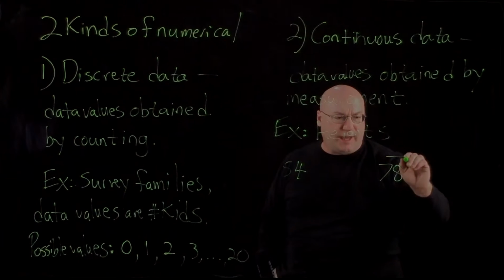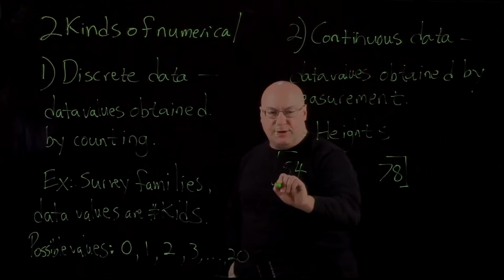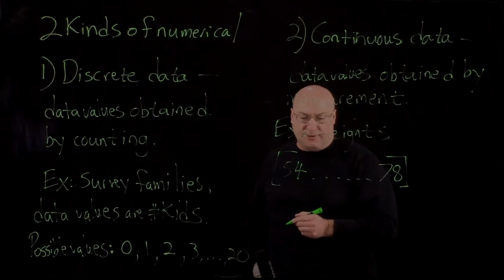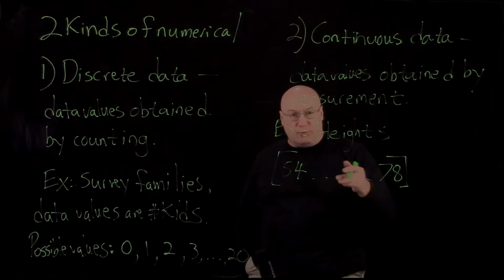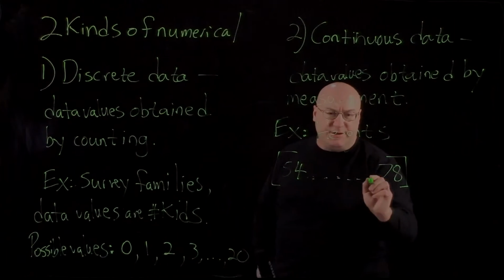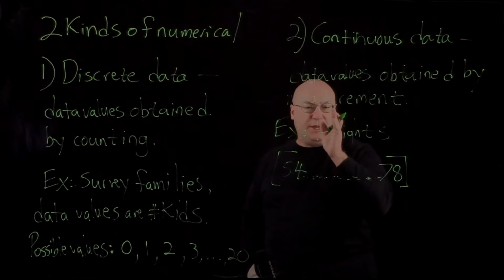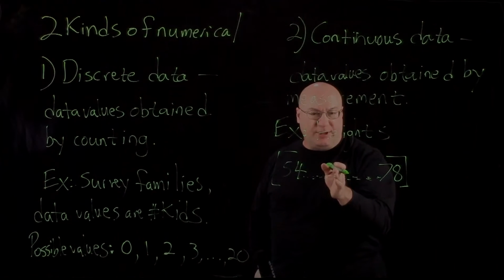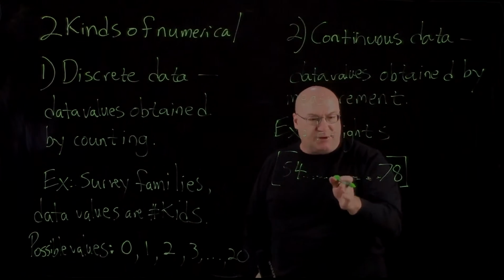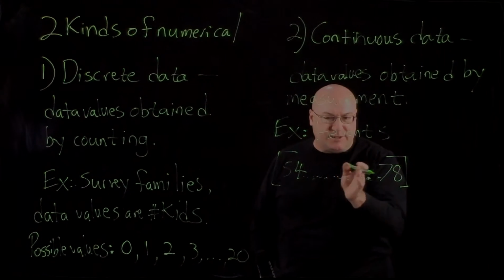All right, but what we really have, don't we, is a whole interval of possibilities here. If we keep measuring more and more and more people, we would fill in more and more of the values in between here, and it's not like there's any one height value and then there will always be a next one, because if there's a next one, there could be one in between those two, et cetera, et cetera.